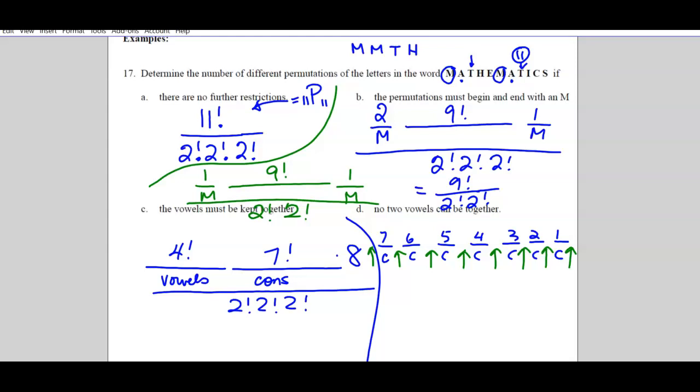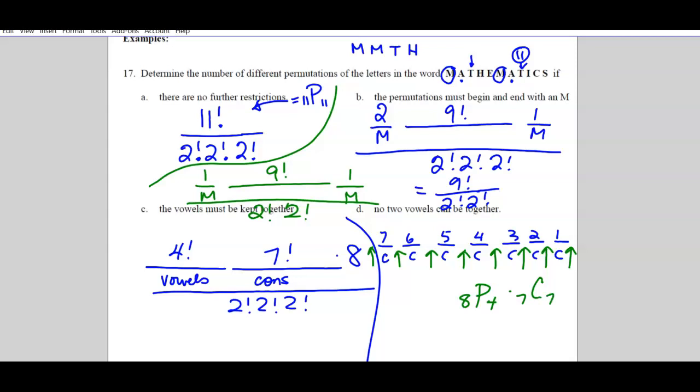So we're taking now the spaces there and filling it up with the 4 vowels. So 1, 2, 3, 4, 5, 6, 7, 8 spaces to put the 4 vowels, okay, would be for that part, and then we have our 7 consonants.